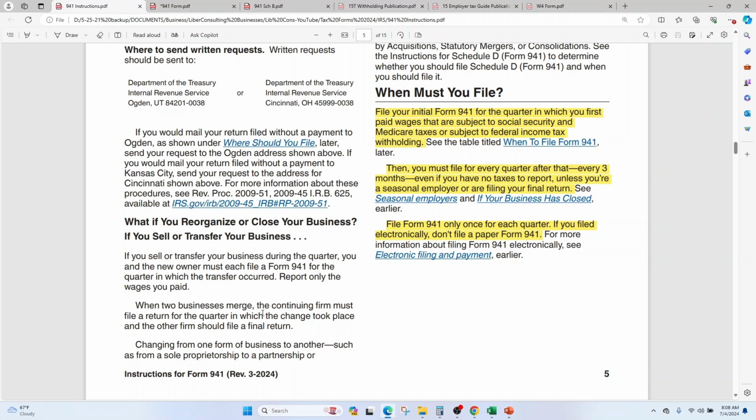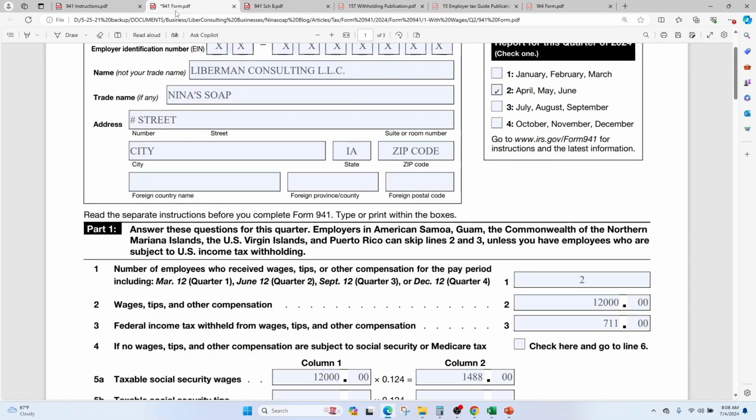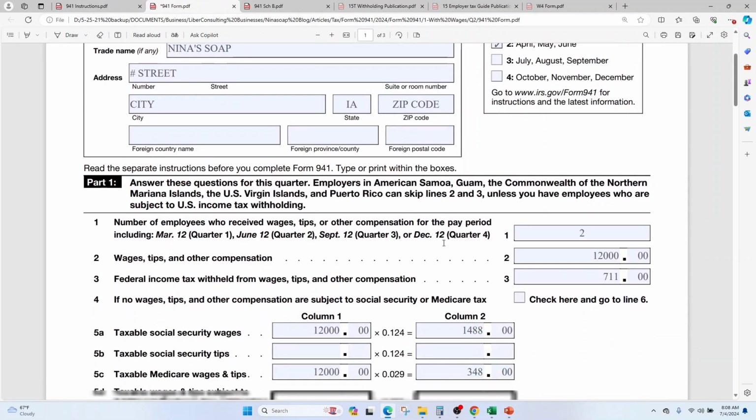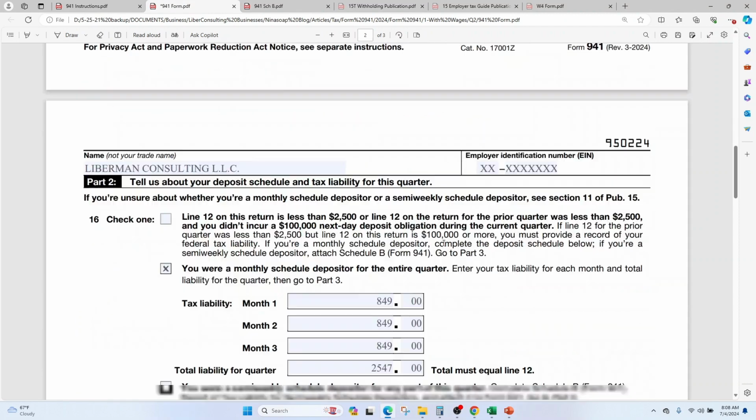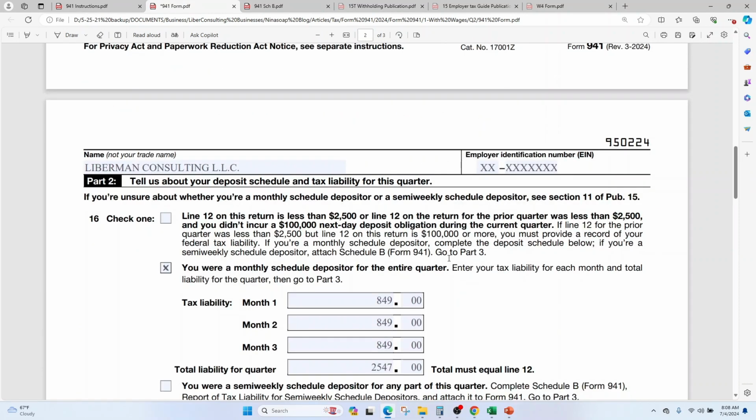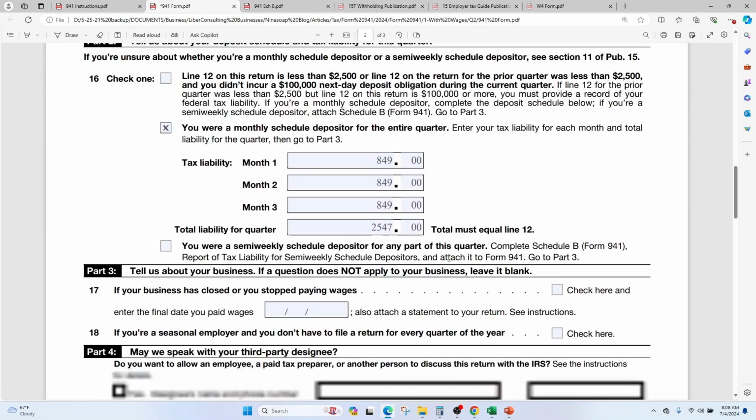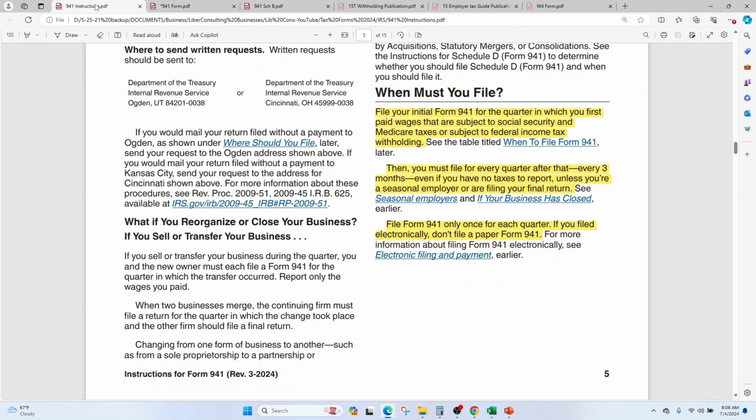When two businesses merge, the continuing firm must file a return for the quarter in which the change took place, and the other firm, meaning you, should file a final return. And that's when you'll check that box 17 on yours, and put the date and check the box and add an attachment.